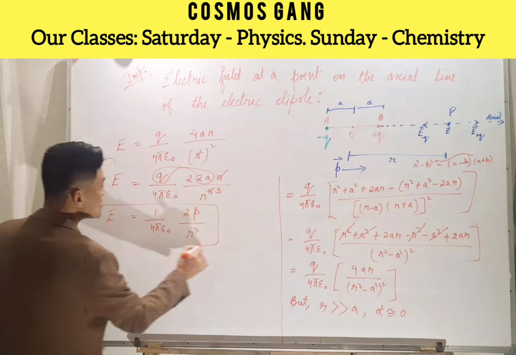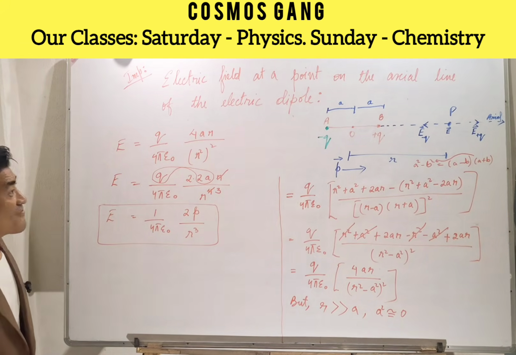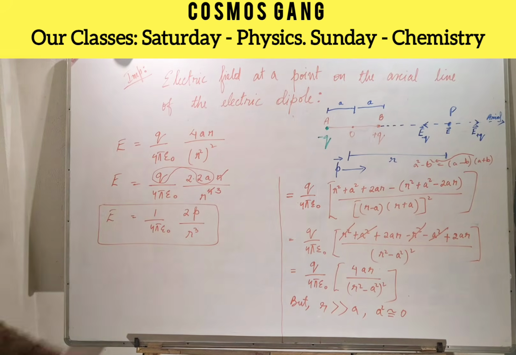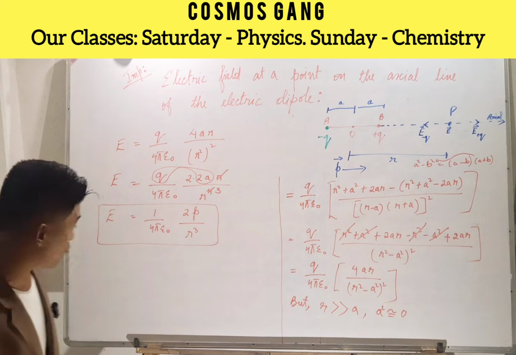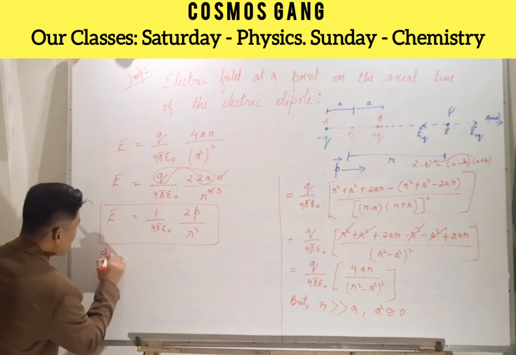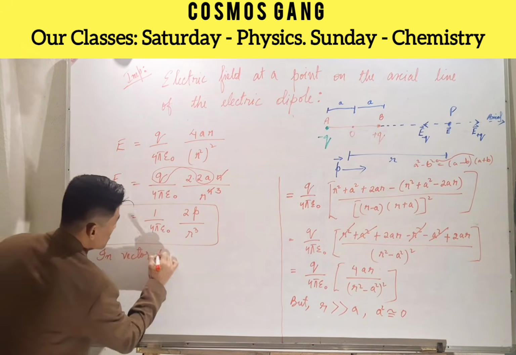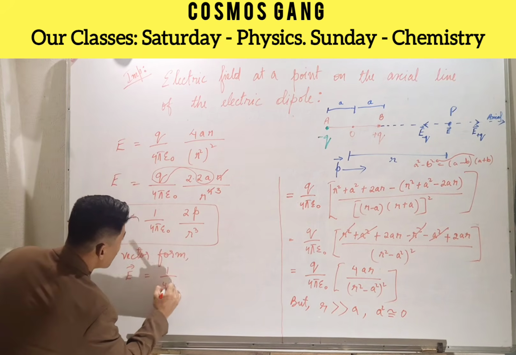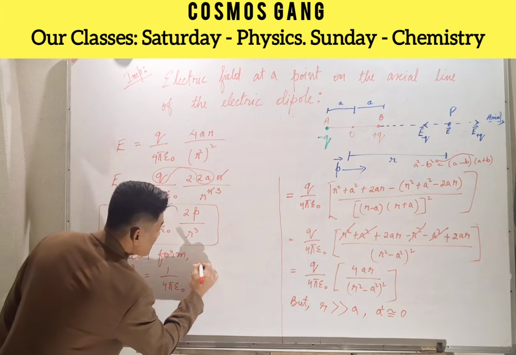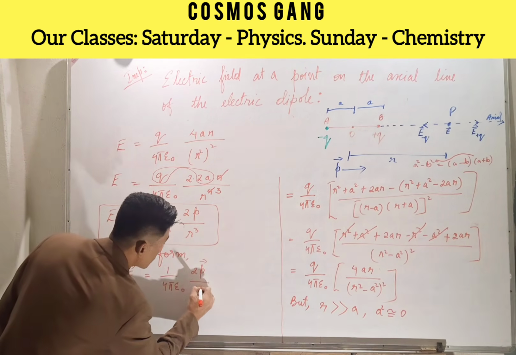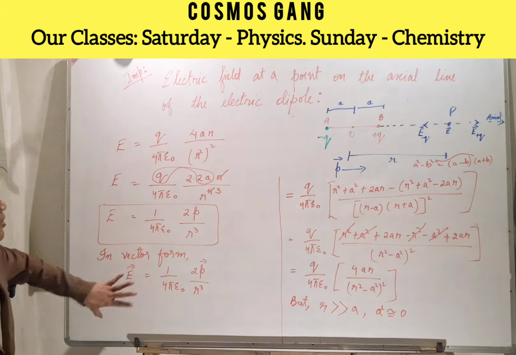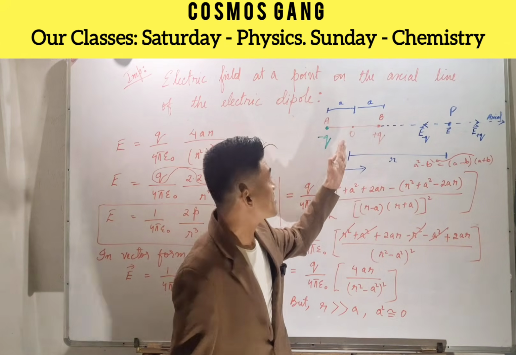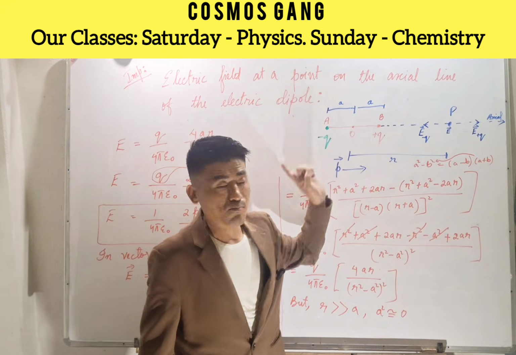In magnitude, this gives us our electric field acting at point P due to our dipole consisting of minus Q and plus Q. In vector form, E is going to be equal to 1 by 4 pi epsilon naught 2P vector, because P is a vector, divided by R cubed. So this gives us the expression for the electric field at any point on the axial line due to a dipole.